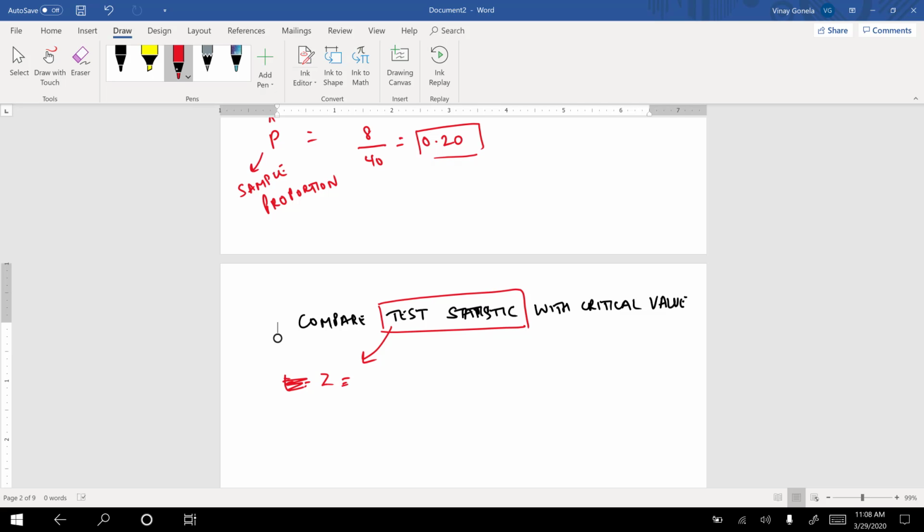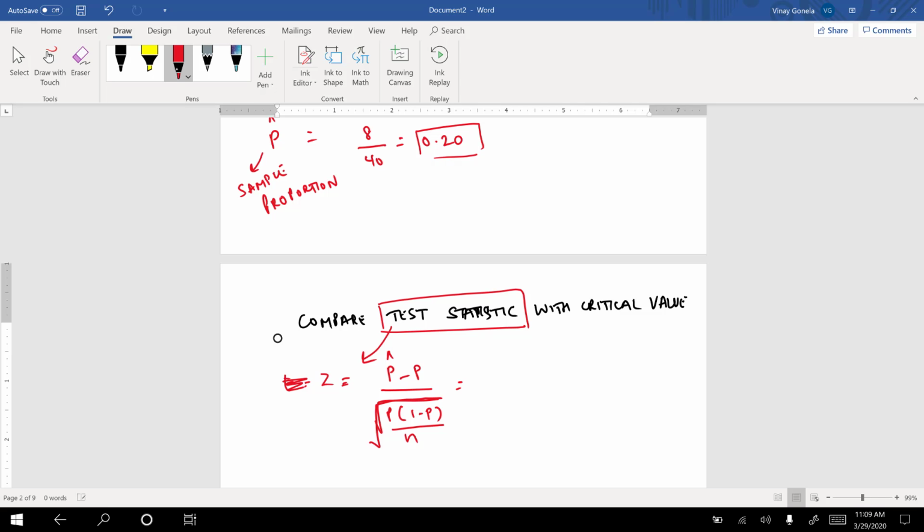The formula for proportions is Z equals p hat minus p divided by the square root of p times 1 minus p, divided by n. The square root applies to the entire p times 1 minus p by n.